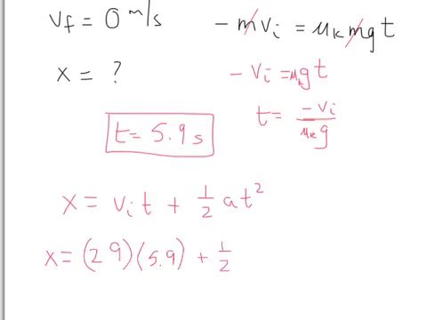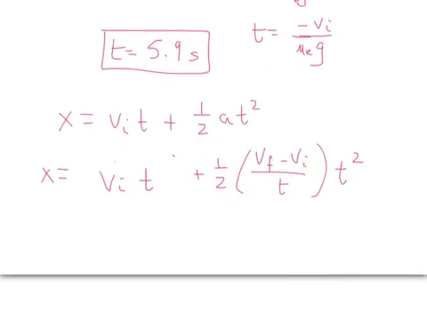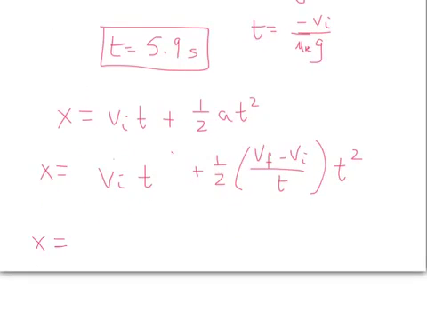But we should use delta V over time. Okay, and I should replace those because I'm replacing everything in one line. I wanted to do the substitutions all at once.